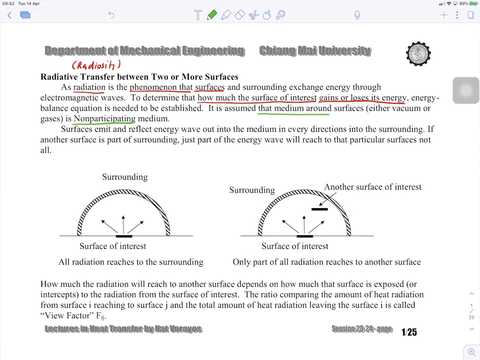So if you take a look at the concept of radiosity, if you have a surface of interest, let's look at the picture on the left-hand side. It emits energy out, and also the reflection, the green one, is the radiosity.